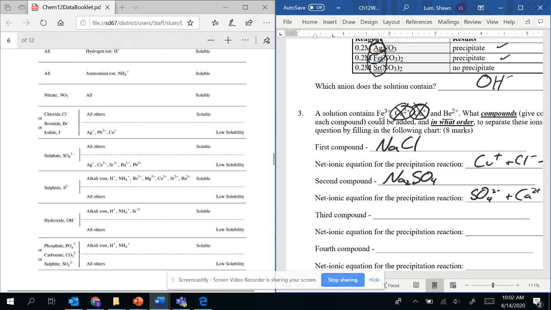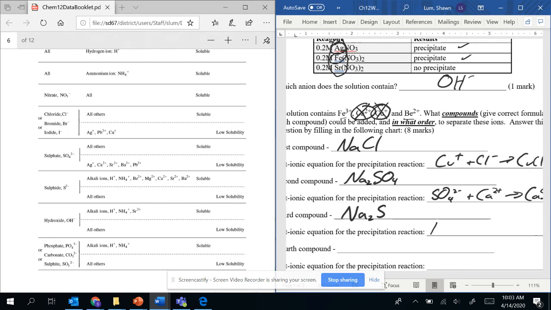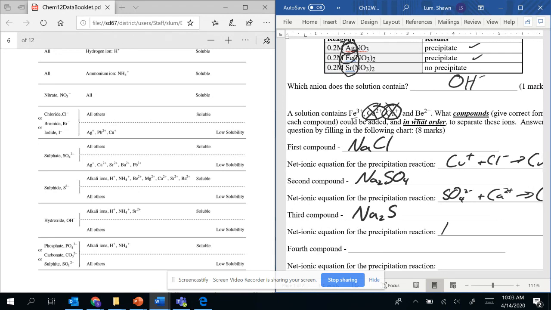So if I put in, let's do this one quick, right up here, Na2S. Okay, again, Na is our spectator ion. And then what we're going to have is that'll take out the Fe plus the S2-.